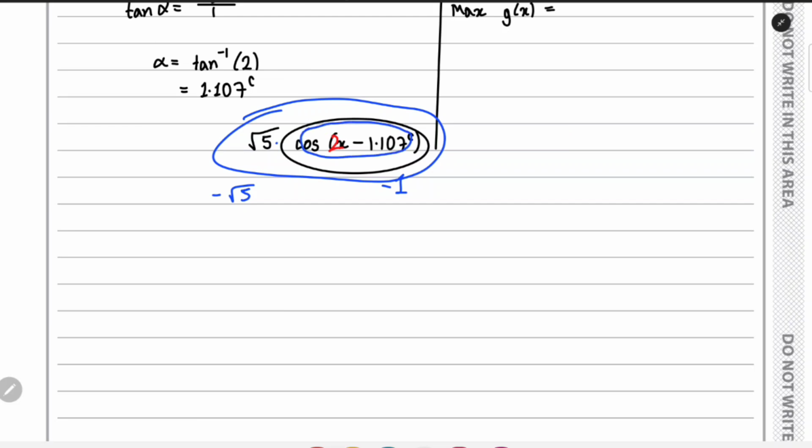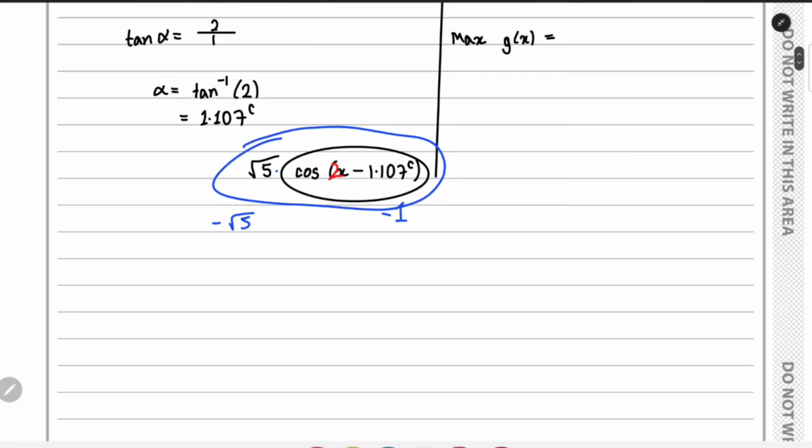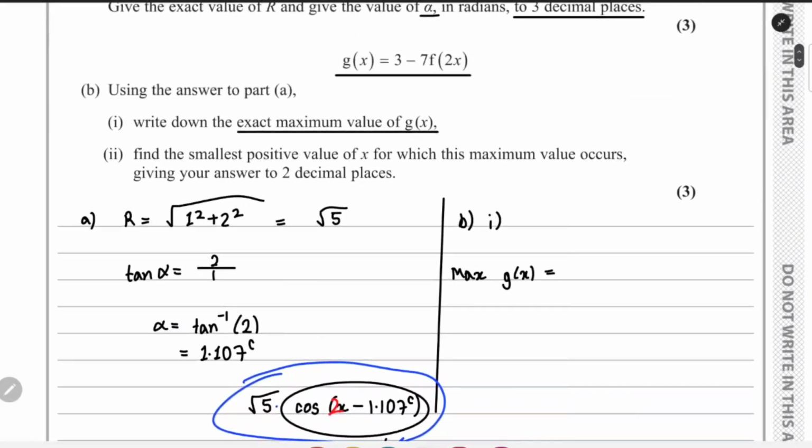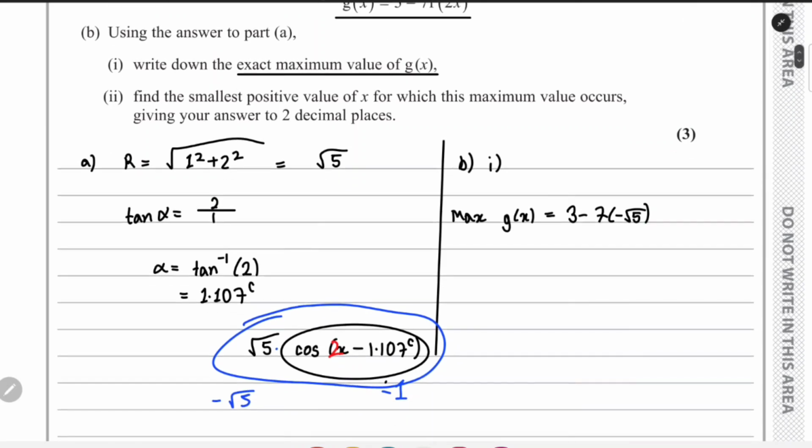Having a 2 inside there won't change the maximum or minimum value of a function of cos. So cosine 2x minus 1.107 still has a minimum value of minus 1. So the maximum value of g of x is 3 minus 7 times minus root 5. This will be 3 plus 7 root 5.